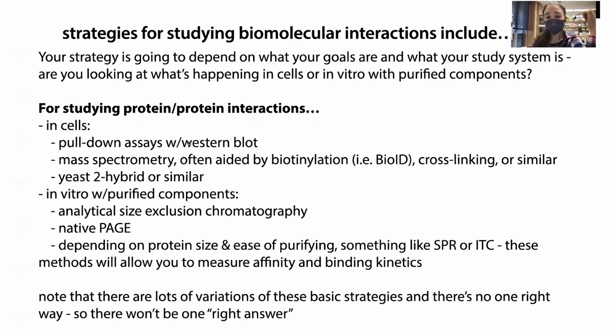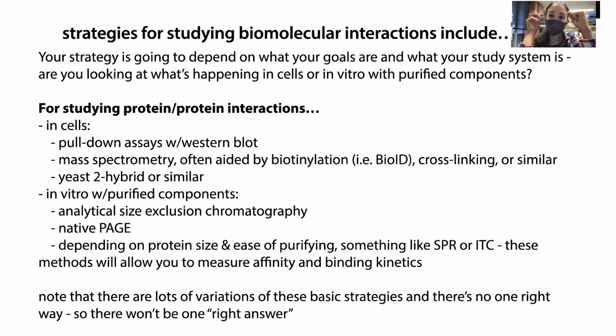A common way to study protein-protein interactions is mass spectrometry. So basically you take your cells, and you often do this with a cross-linker, or you do it with biotinylation, like this BioID technique. So you can have one protein of interest, and you can conjugate it to a biotinylating enzyme.